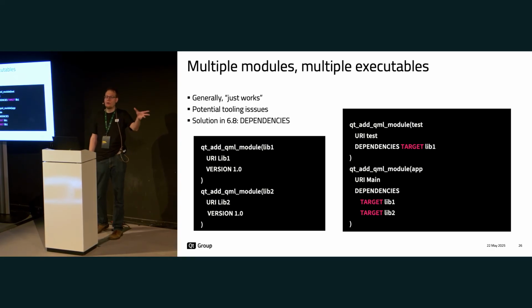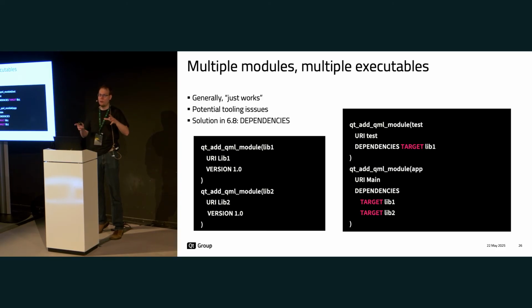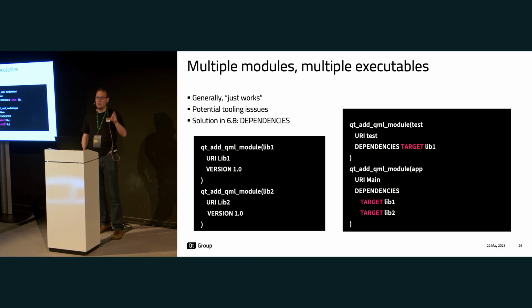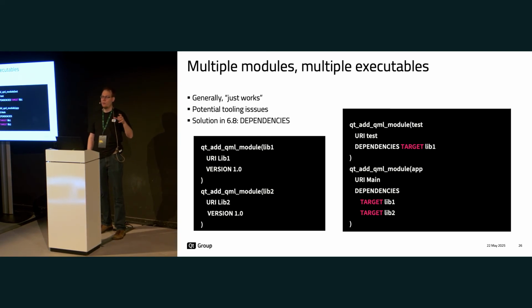Before, you could already use dependencies and pass the module URI to it. But with 6.8, you can also say target, the name of the target of the QML module. That will help tooling to set up stuff to find your QML types.